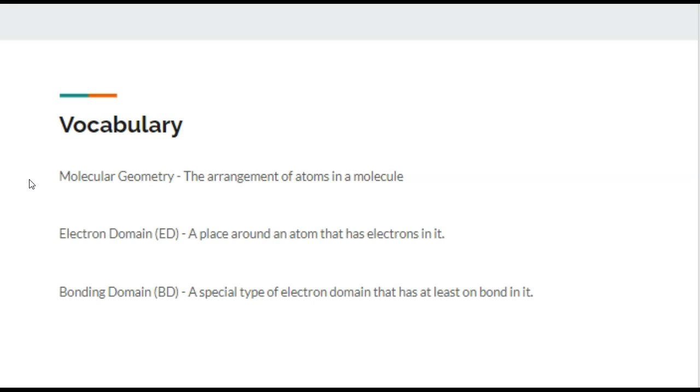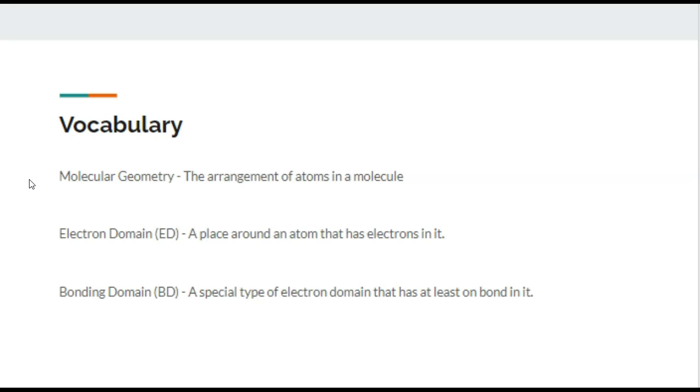And the other two things that we're going to spend a lot of time in this video talking about are electron domains, which is a place around the atom that has electrons, and then a bonding domain, which is a special type of electron domain that has at least one bond in it.